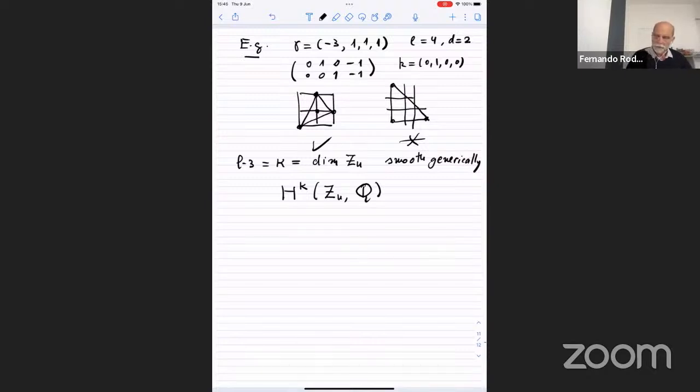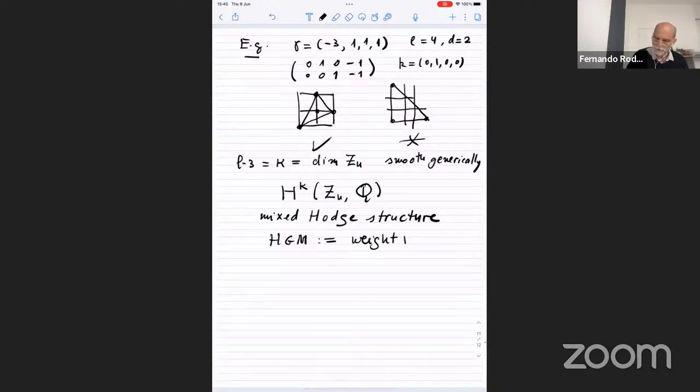So it has a cohomology, and this cohomology has a mixed Hodge structure. Again, I'm just going to quickly say this without getting into too much technical detail. This cohomology has pieces of various weights, and the hypergeometric motive is by definition the weight kappa piece.